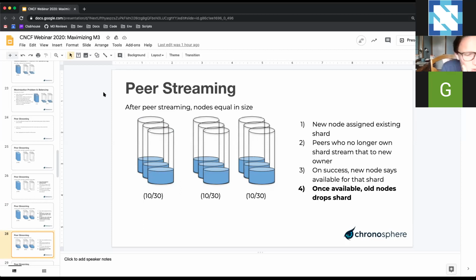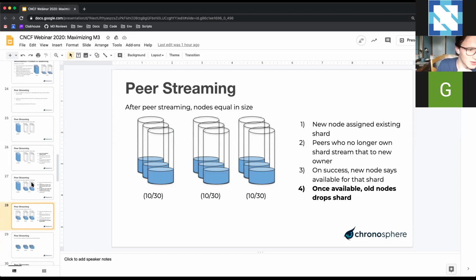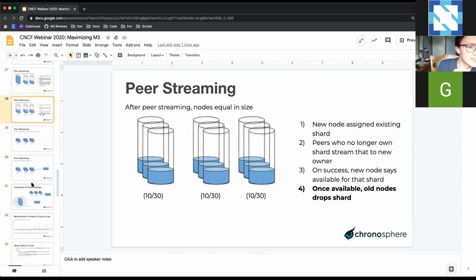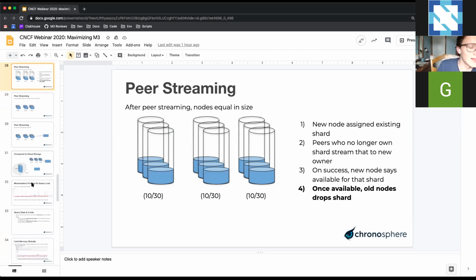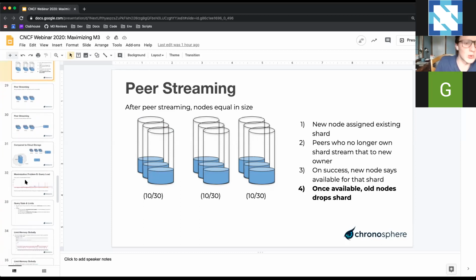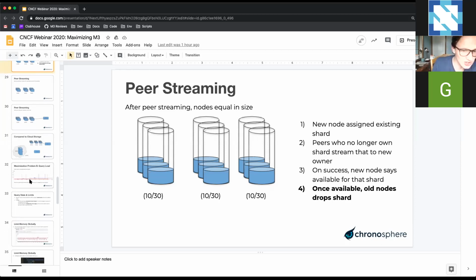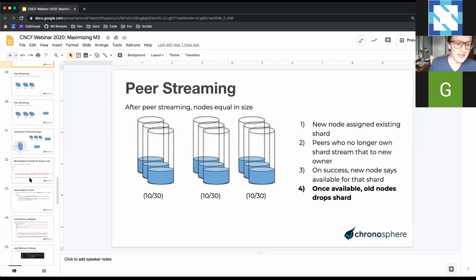I don't know if I totally understand the question, so correct me if I'm wrong, and clarify the question if I'm misunderstanding. But it sounds like you're asking how we distribute the query load across the different nodes? If that's the question, the way to think about it is all of the series are ultimately sharded randomly across the different nodes.